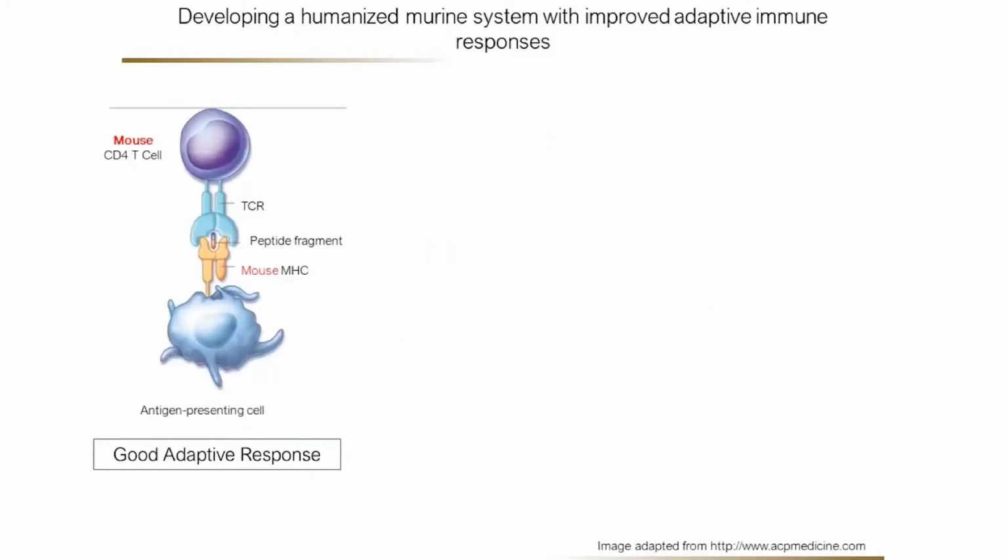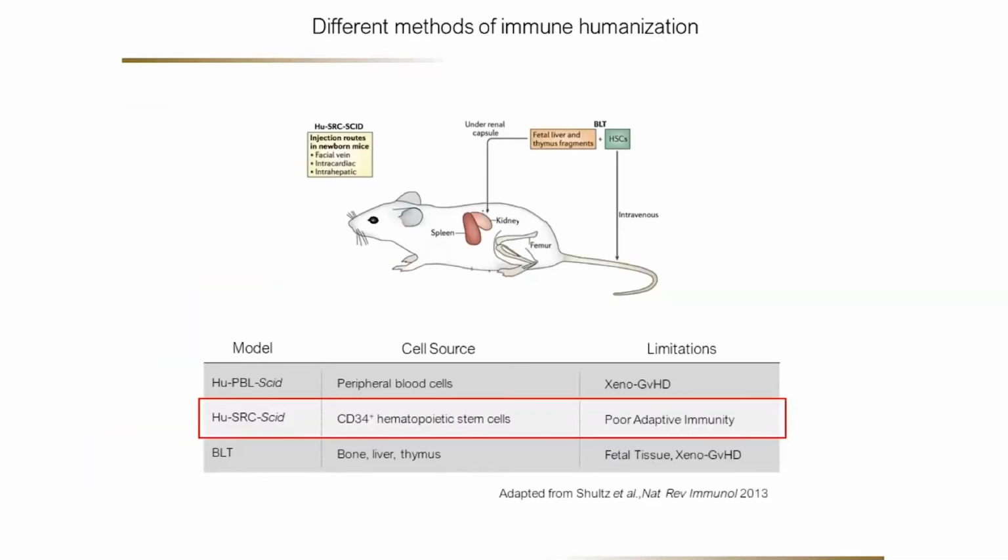So as I mentioned, or I didn't actually mention, I failed to mention it, the caveat to that CD34 stem cell model, though, as you'll see here, is that it's been noted that their adaptive immune response is not that great. And we thought this was going to be important because we know in IBD, effector T cell responses are one of the critical factors of driving disease pathogenesis.